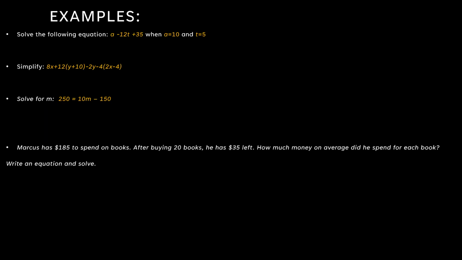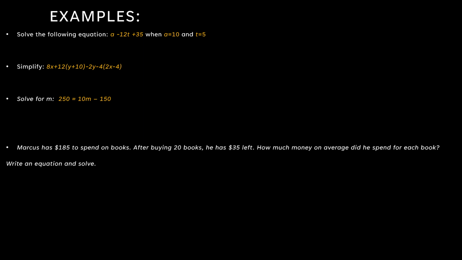Now let's go over how you will often see variables in most math questions. One of the first things that you usually will see is something like, solve the following equation, a minus 12t plus 35. And then they'll tell you that your terms are a equals 10 and t equals 5.